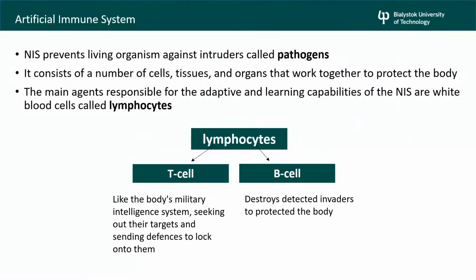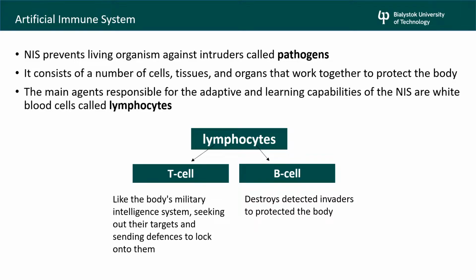So, an artificial immune system which uses the negative selection algorithm should protect the network or living organism, depending on whether we focus on the living organism or the computer network. We should protect our environment against the pathogens.